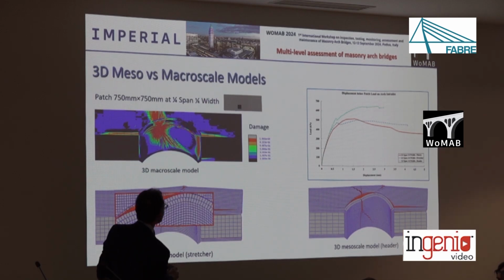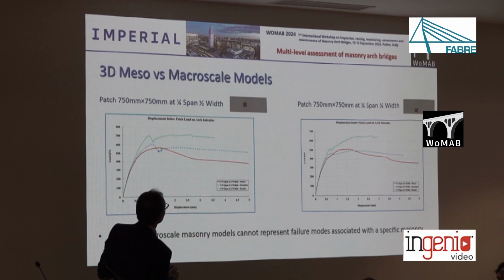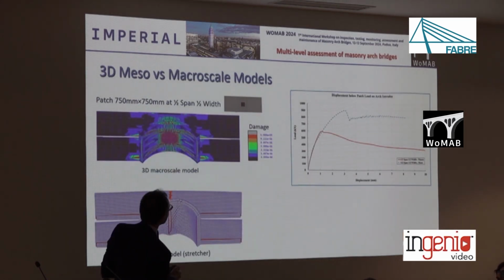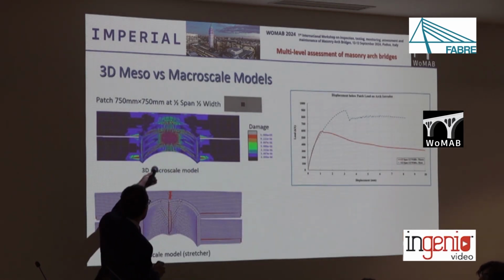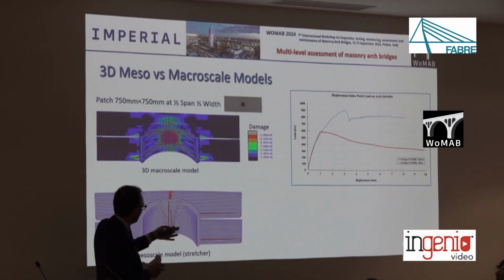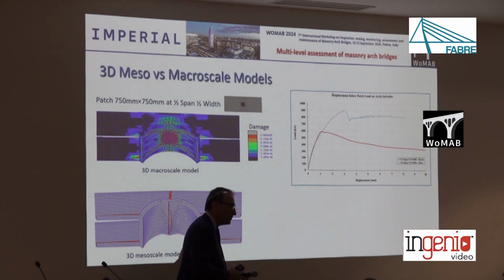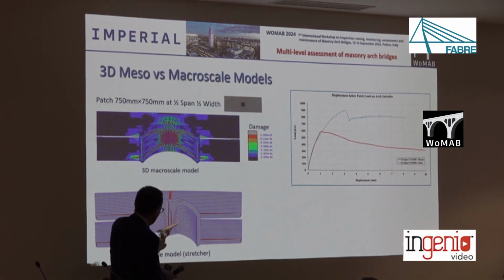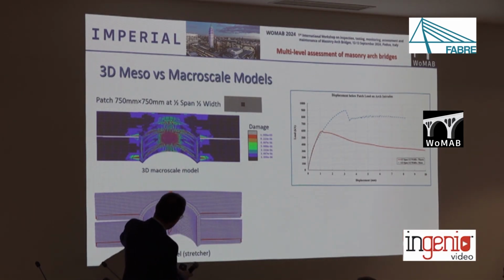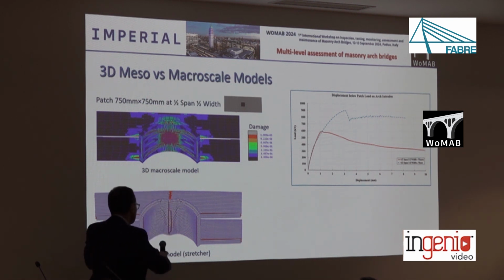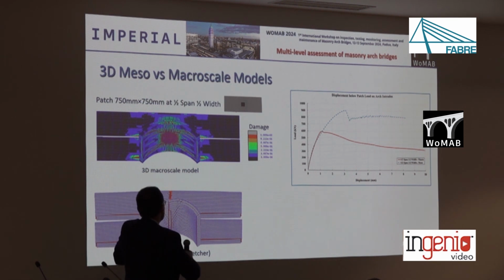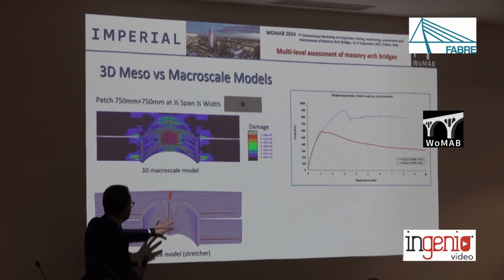Moving the load, we achieve the same results, importantly, when we consider a certain position which is quite critical, mid-width, mid-span. In the mesoscale model, we see relatively complex cracking, similar to what Vasily showed us this morning, right? We have some cracking along the width plus diagonal cracking along the mortar joints developing, a relatively complex cracking pattern, which also depends on the interlocking characteristic of the masonry bond.